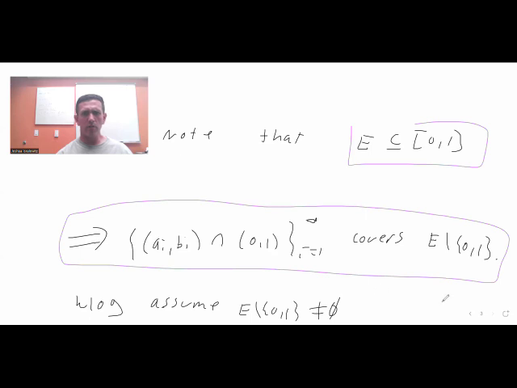So assume it is not empty. So what that says is that this is not empty, and this is a subset of this union.